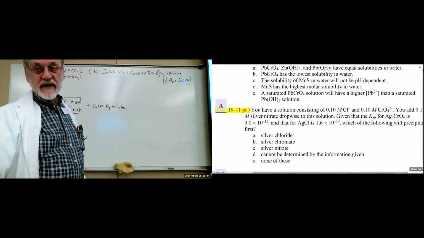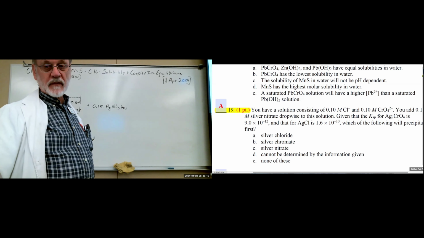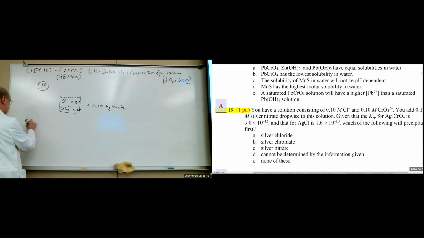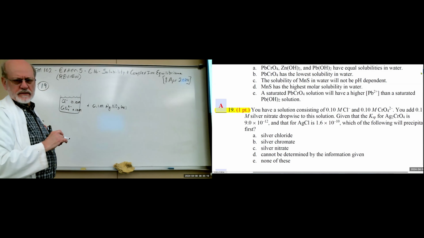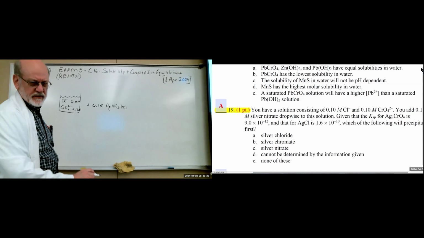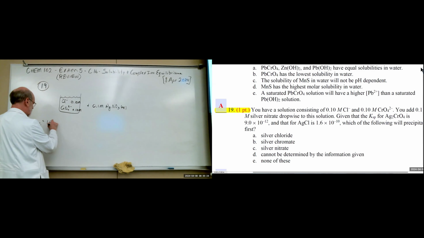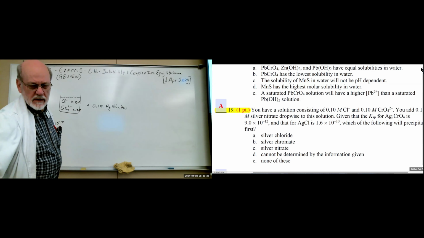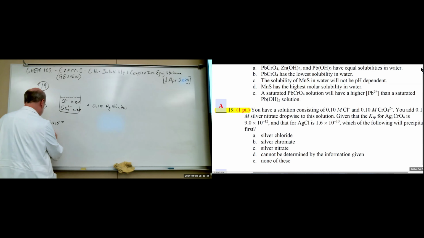Well, we know what the Ksps are, right? They're given. So the Ksp for silver chloride is 1.6 times 10 to the minus 10. And the Ksp for silver chromate, this is Ag2CrO4, is 9 times 10 to the minus 12.